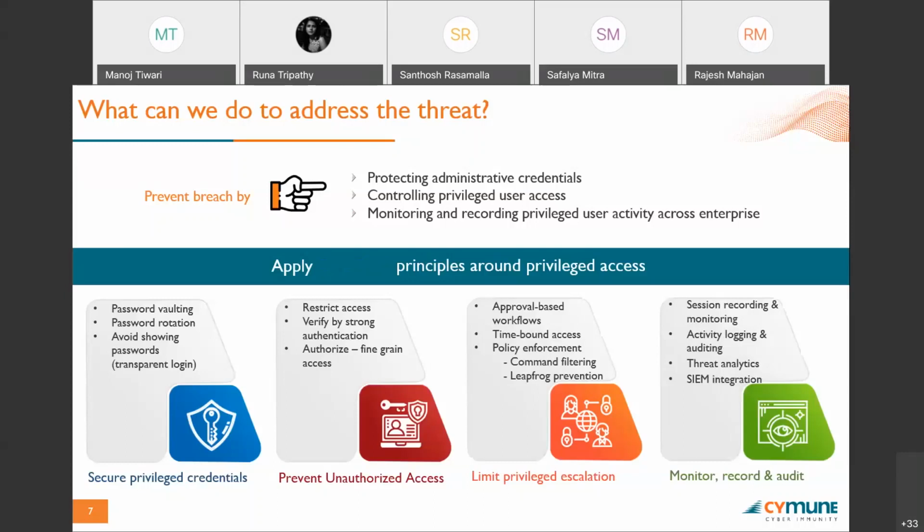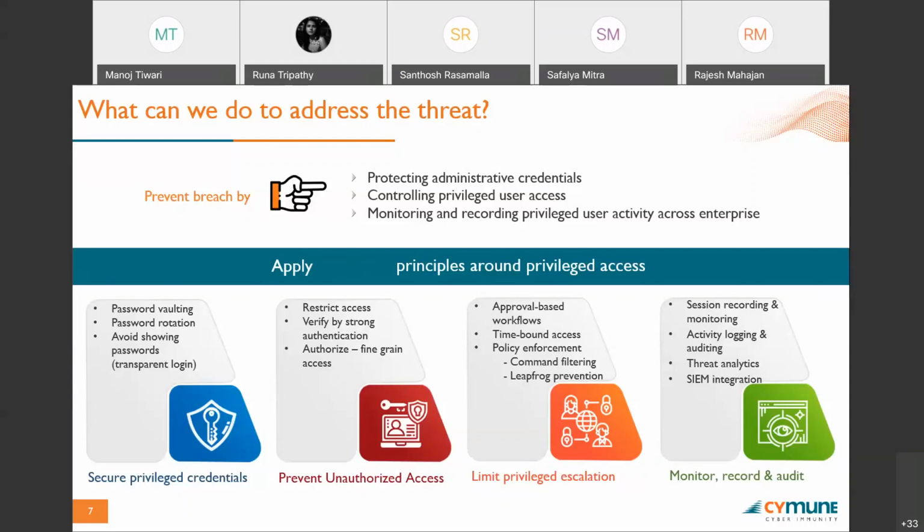You will come to know which administrator used which account of my device, at what point of time he accessed this system, and once he accesses the system, what activities he performed, that also can be audited. The basic principles of zero trust which you can achieve using the privilege access.